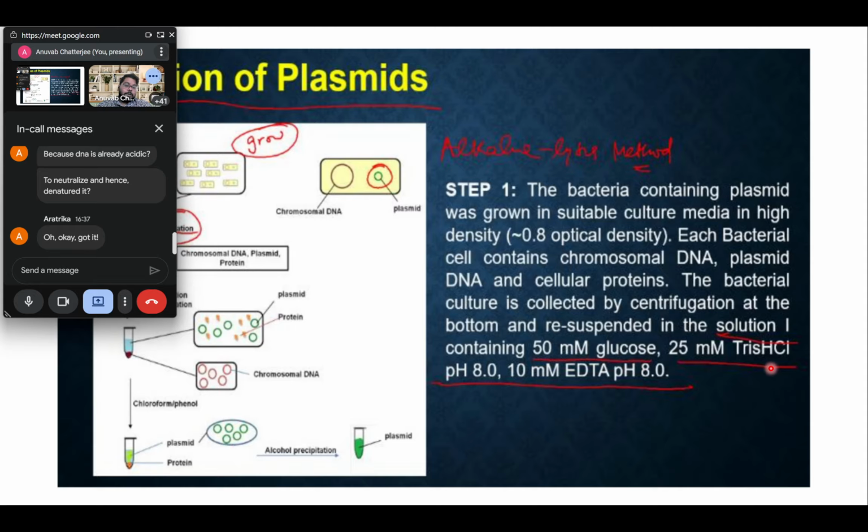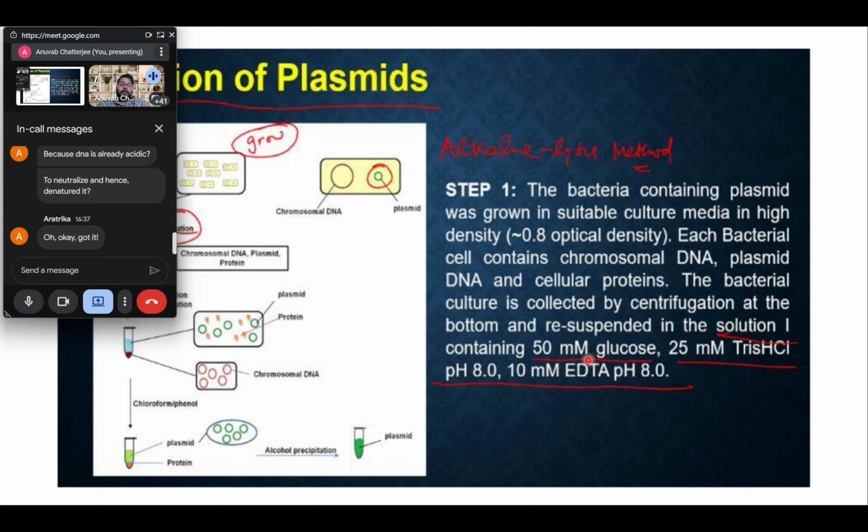Next, you use Tris-HCl. This maintains the pH of the solution at around 7 to 8, so that the cells again do not rupture due to abrupt changes in pH. And finally, EDTA. EDTA, if you have not come across it before, is a chelating agent, which is something that takes stuff out of solution.